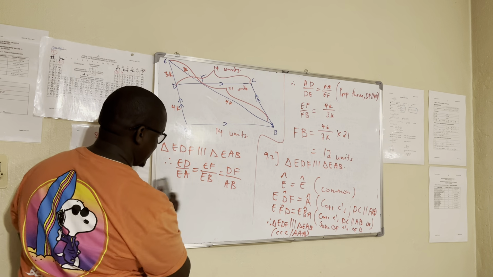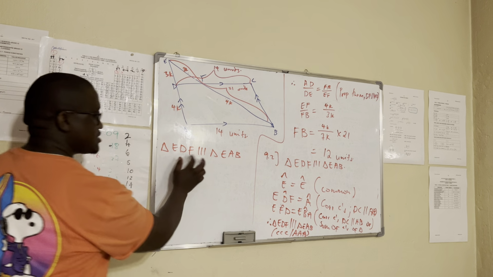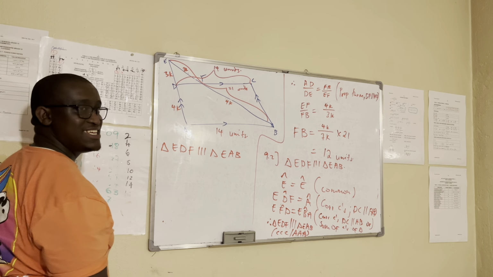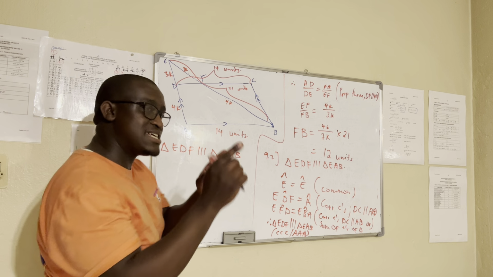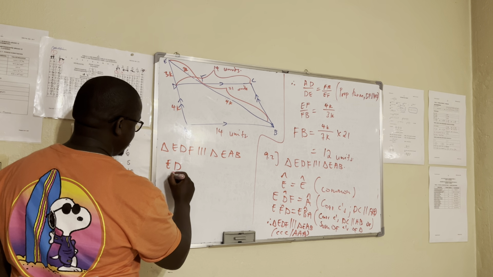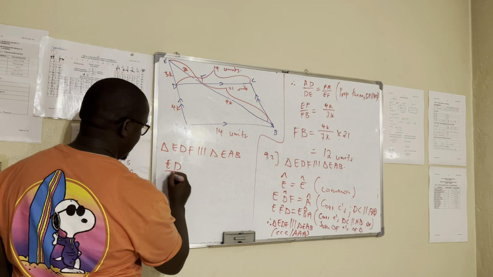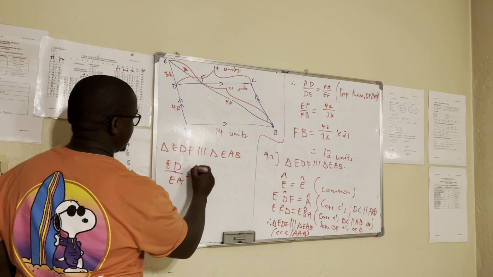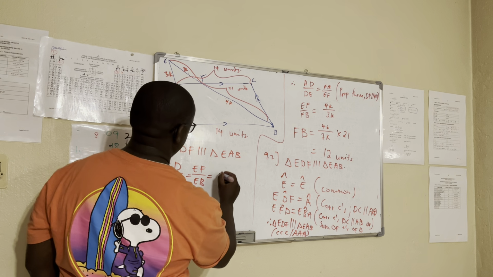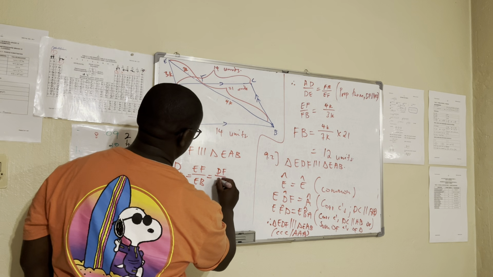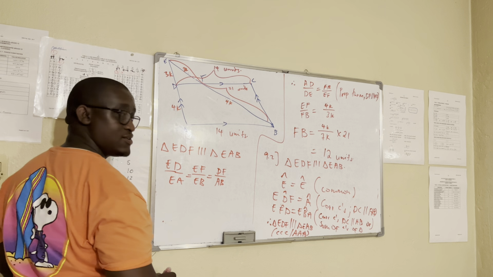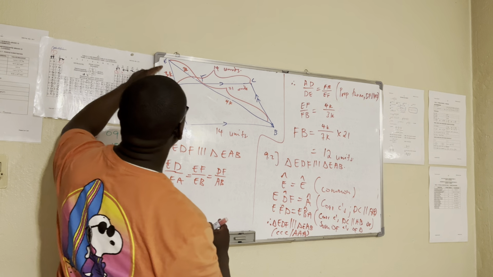Since these two triangles are similar, ED over EA is equal to EF over EB, which is also equal to DF over AB. Remember, it's the ratio of each side of the triangle.